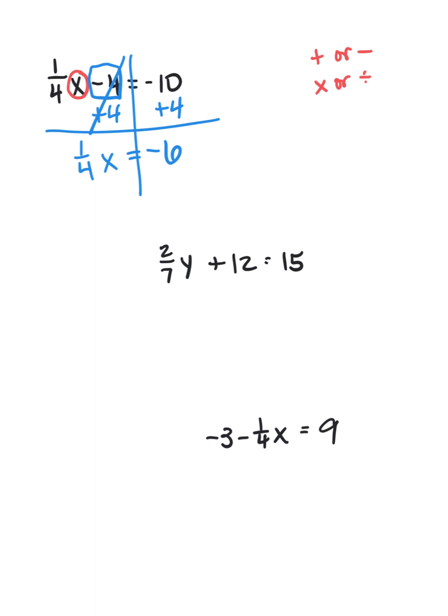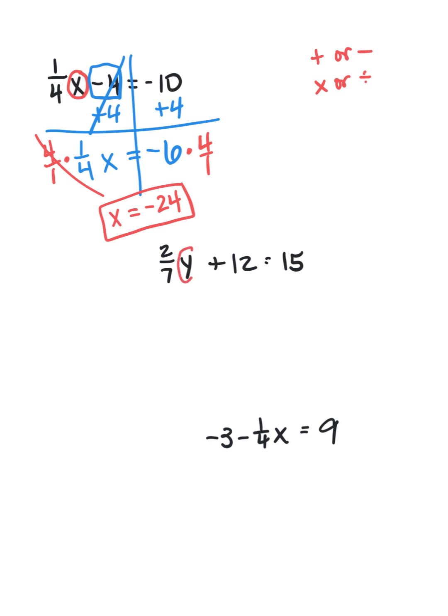And now, I can see 1/4 is being multiplied by x, so we're going to do multiplying by the reciprocal. These cancel out. We're left with x is equal to, and then -6 times 4 is -24. All right, we don't have to worry about that denominator of 1, do we? No, we don't. All right, moving on.